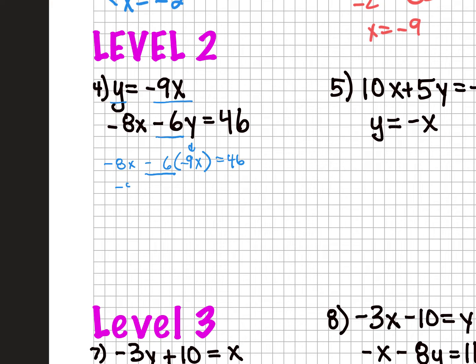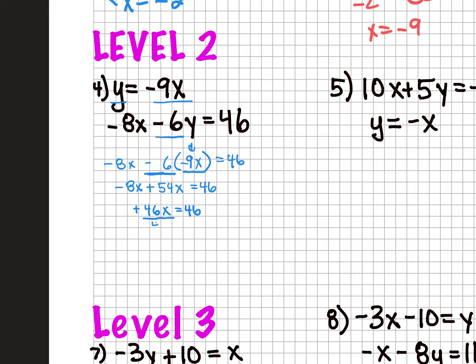So we have negative 8x, and then negative 6 times negative 9x is positive 54x. Remember, it's negative 6 times a negative equals 46. We have 54 people on the positive x team, 8 people on the negative, so the positives win by 46 people, so 46x equals 46.